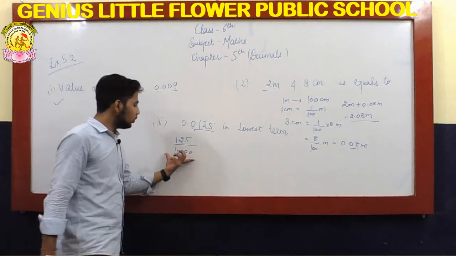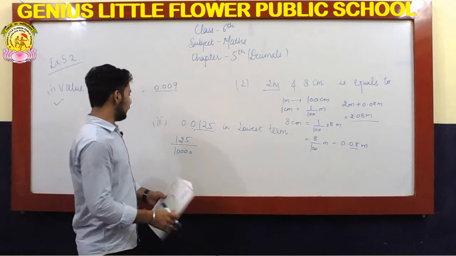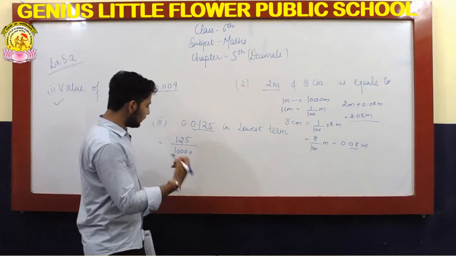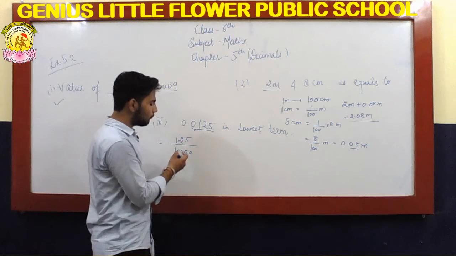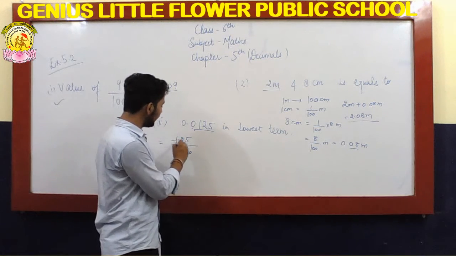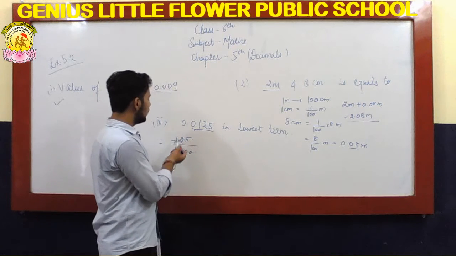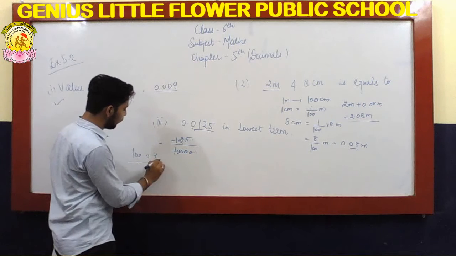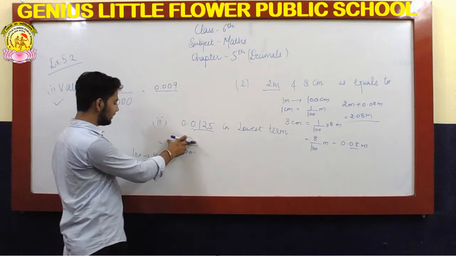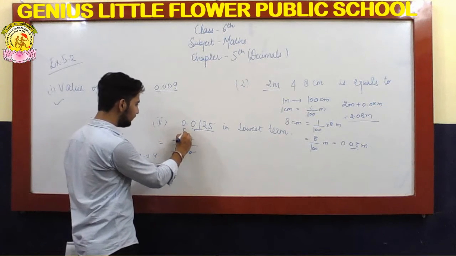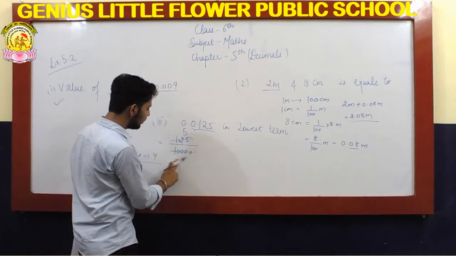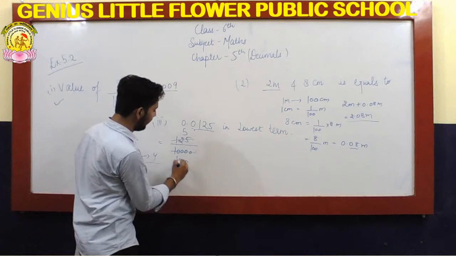Now we divide this by 25, because you know 25 is the most common factor, or you can reduce it further also. First we divide by 25 for easy cancellation. There is a multiple of 4 in 100. So what will you get? 5 in the numerator and 400 in the denominator.